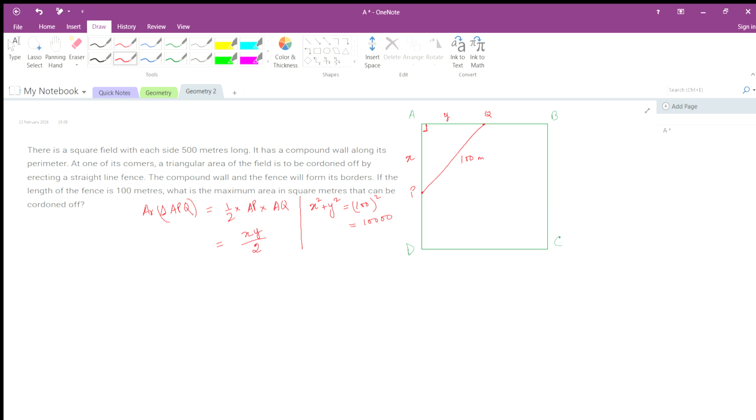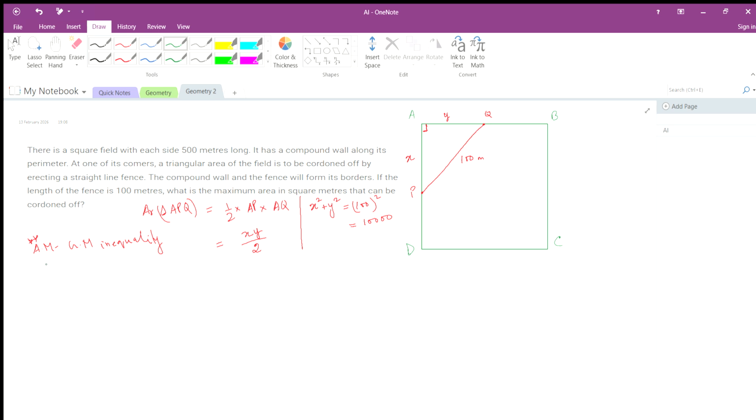Although this is a question of geometry, I will use a bit of algebra here. It's called the AM-GM inequality. What does the AM-GM inequality tell us?